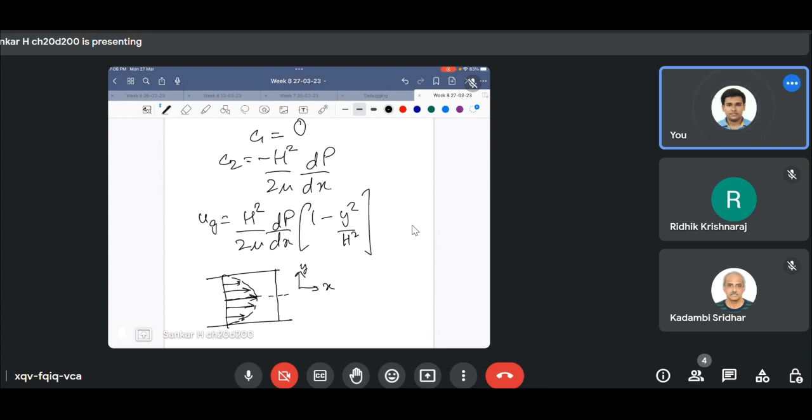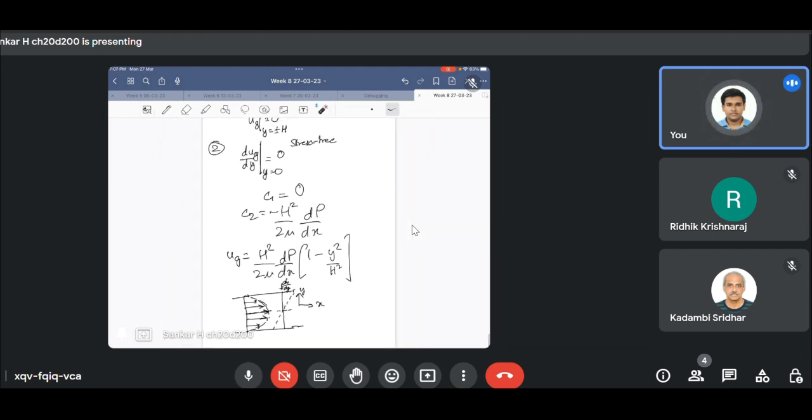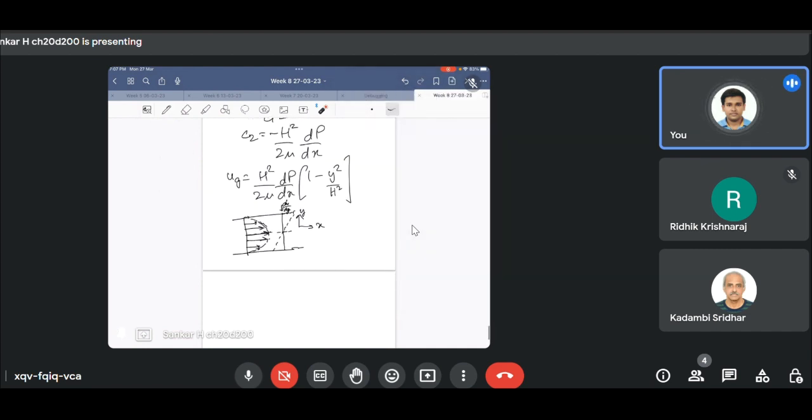Similarly, if I take the gradient of u, this is du by dy. Here it will be positive and here negative, with a 0 at the center. That's why our stress-free boundary condition comes over here. I hope what I have explained till now makes perfect sense.